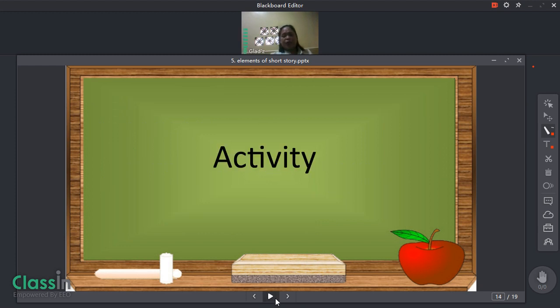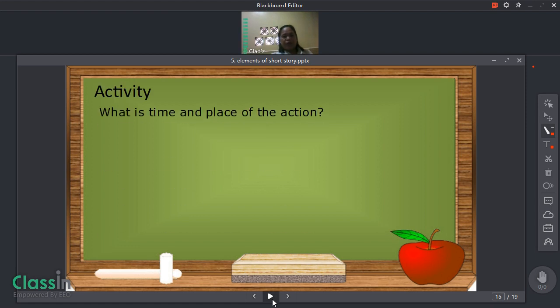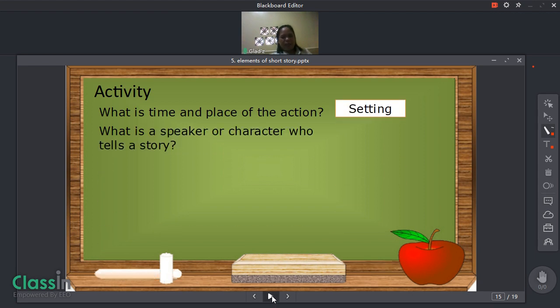Okay, so let's have an activity. Let us recall what are the elements of a short story. First one, what is the time and the place of the action? This is the setting. What is the speaker or character who tells a story? This is what we call a narrator, or point of view.